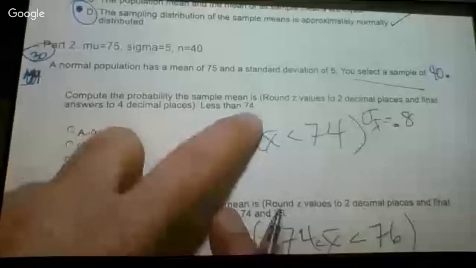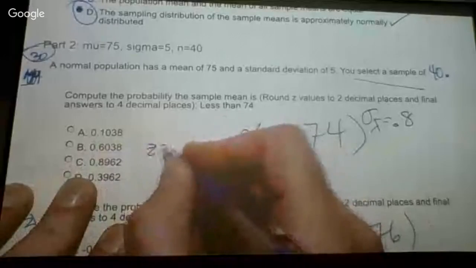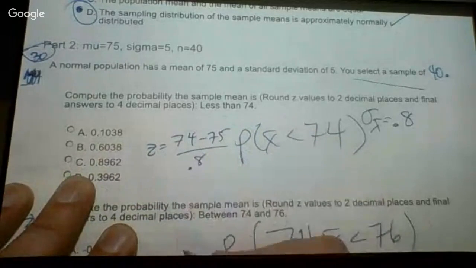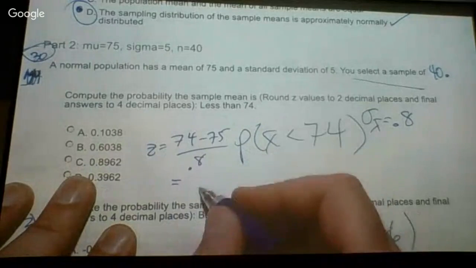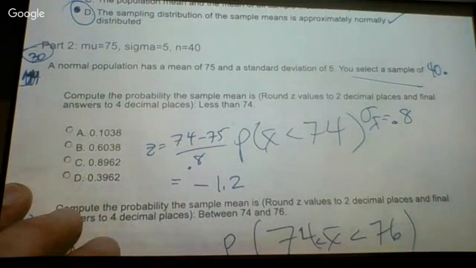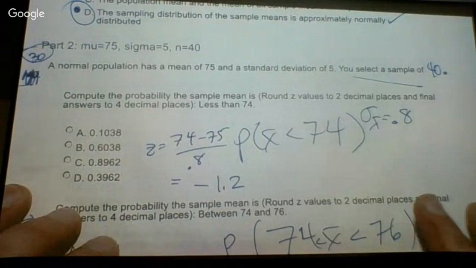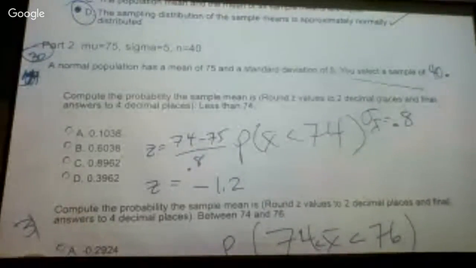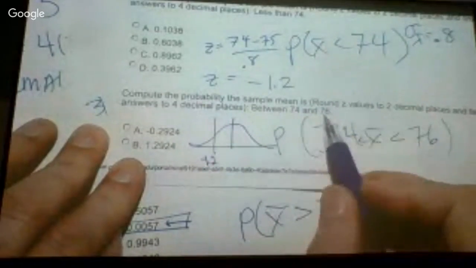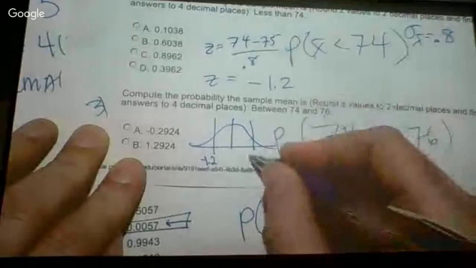So if we're talking less than 74, we need a z of 74 minus 75 over 0.8, which gets us approximately negative 1.2, I think. If we do this one, 74 has a z-score of negative 1.2. 76 is equidistant on the other side.